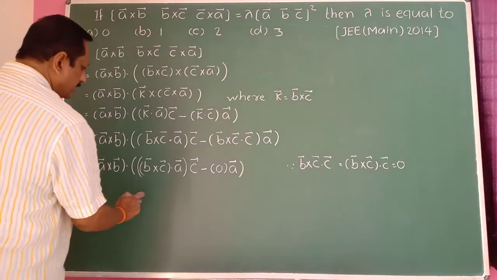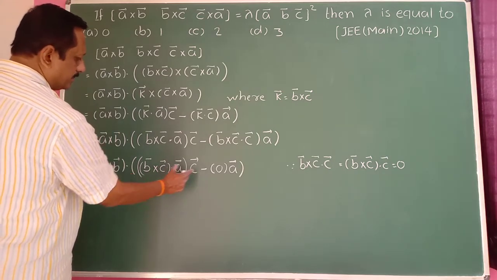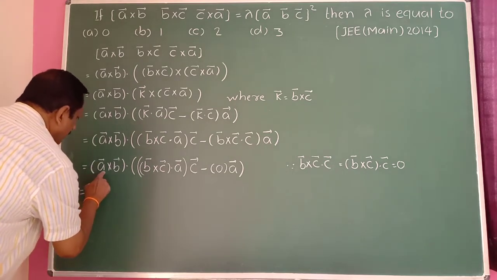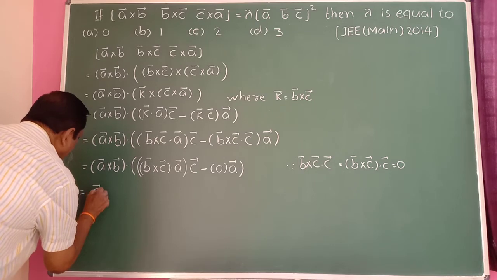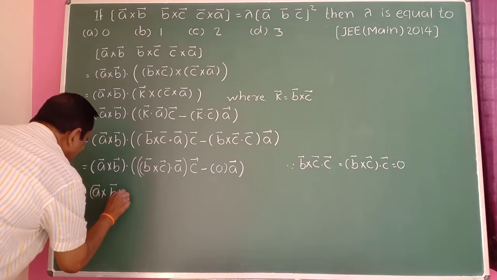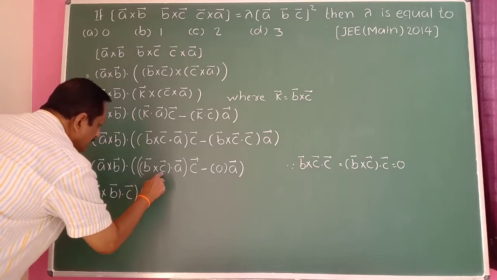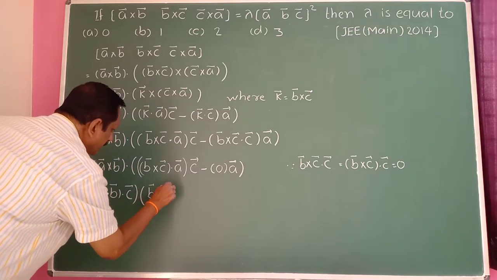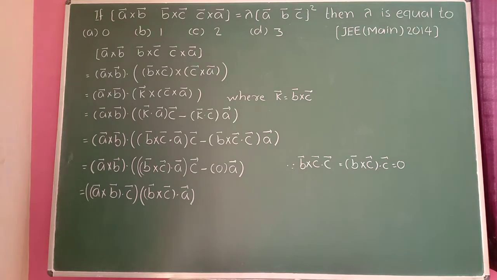Then this is a scalar quantity and this is a vector, so this is equal to A bar cross B bar dot C bar into B bar cross C bar dot A bar.